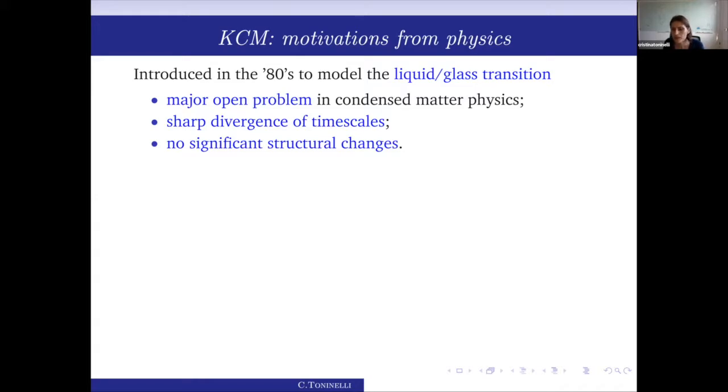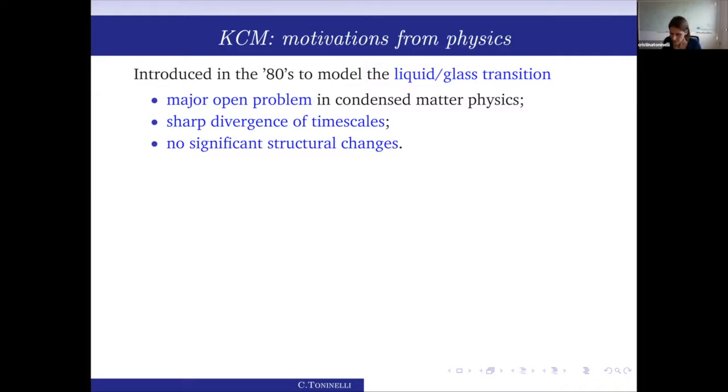It remains a liquid, but its time scales, which can be measured by the viscosity of the liquid, increase dramatically, in the sense that depending on the liquid mixture, just changing the temperature by a few degrees can change the time scales by 14 orders of magnitude, 10 to the 14th.